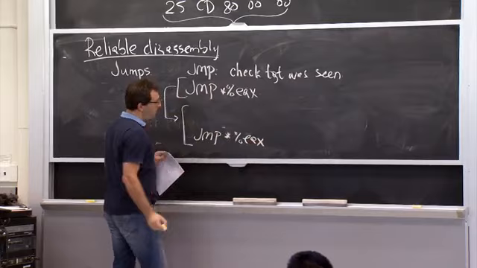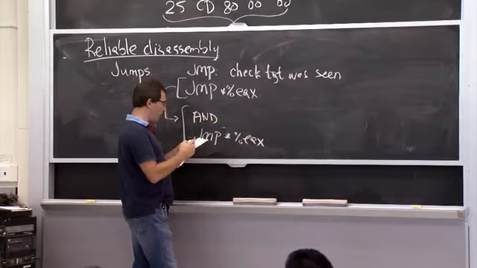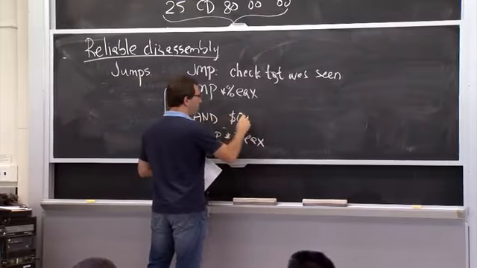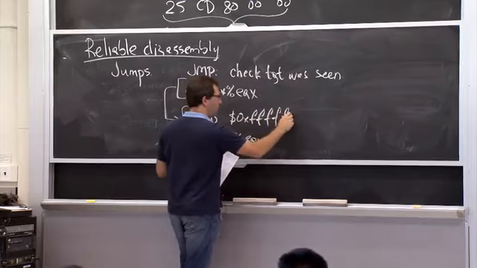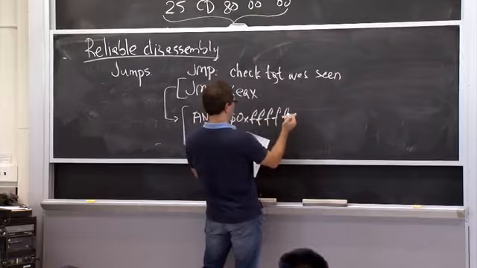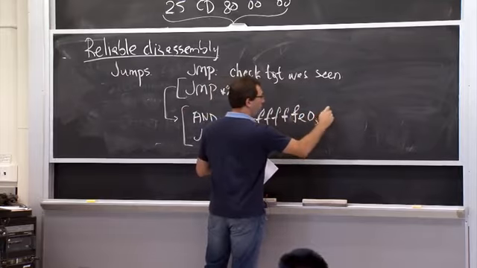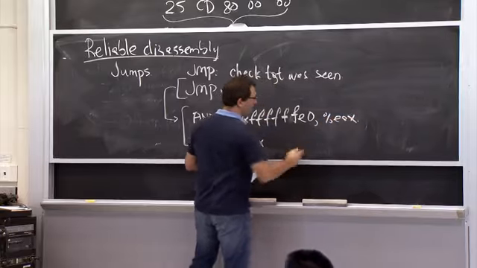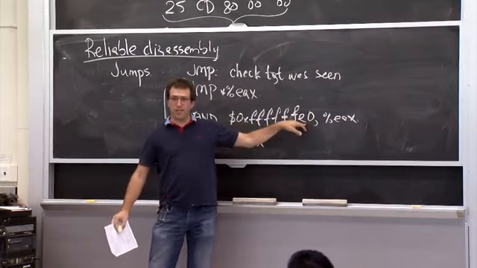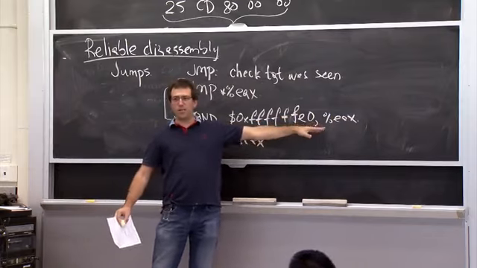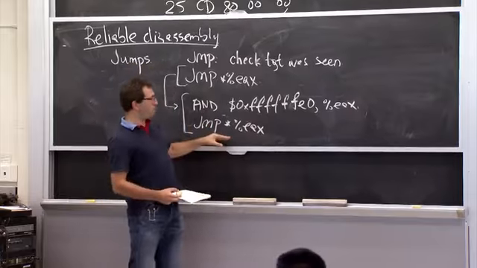But they prefix it with an AND instruction that is going to clear the low 5 bits, with E0 as the mask applied to the EAX register. So this AND instruction clears the low 5 bits, which means that it forces this value to be a multiple of 32, 2 to the 5. And then you jump to it.